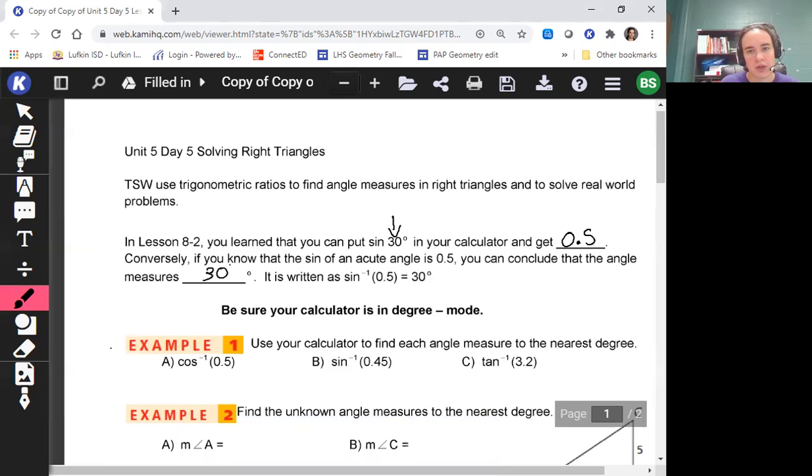You need to make sure you check that before you do anything else. And if you don't have an Inspire, you need to make sure that whatever calculator you have is in degree mode. You can check it by typing in sine of 30 degrees and getting half, or 0.5.